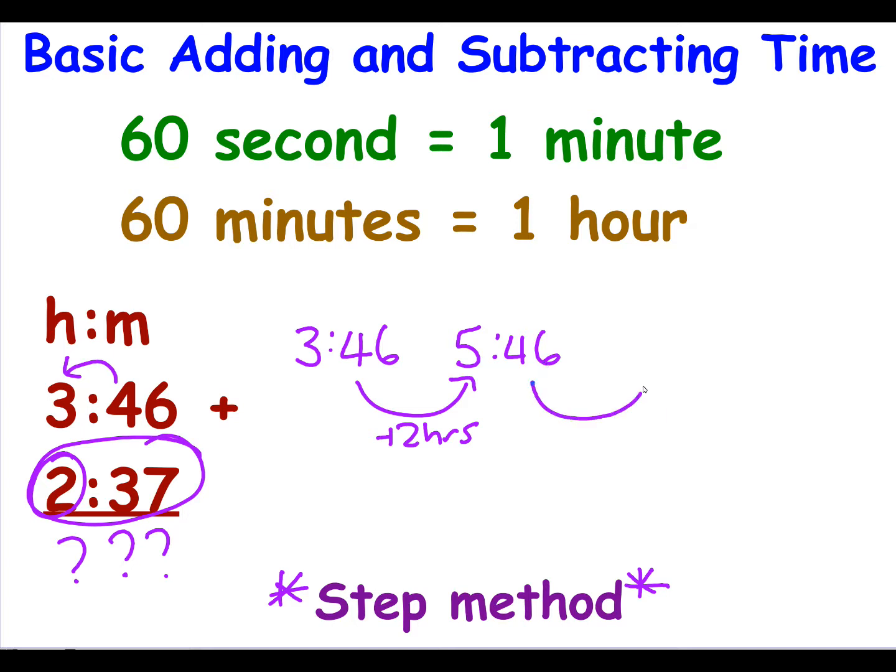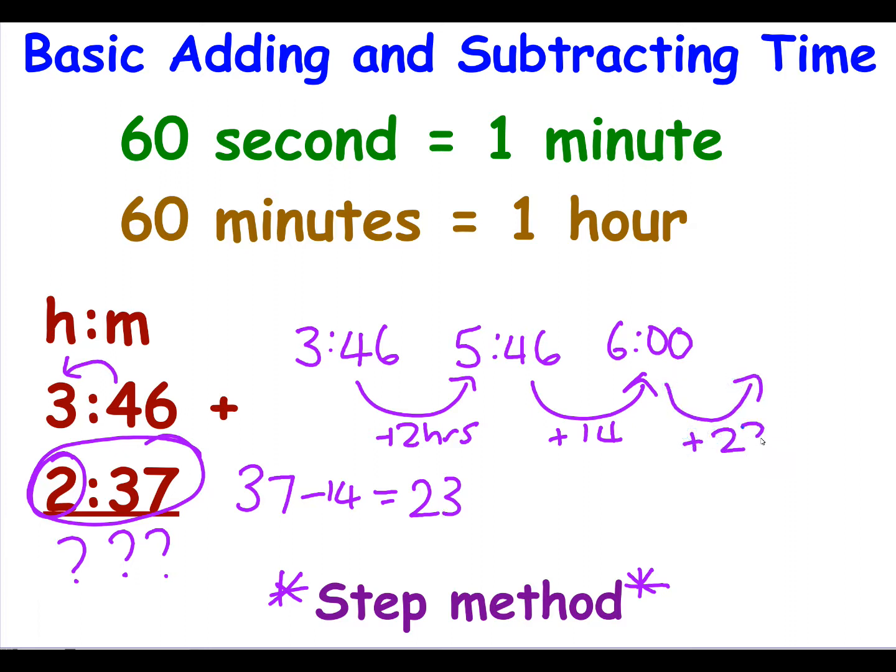Now, I know that another 14 minutes takes me nicely to exactly 6 hours, because 14 plus 46 gives me one of those 60 cycles, so I can add another hour. So I have 37 minutes, and I've borrowed 14 of them to get my neat 6 o'clock. So that leaves 23 minutes left. So now I'm at 6 o'clock, I can add my remaining 23 minutes to get 6:23 as my answer.